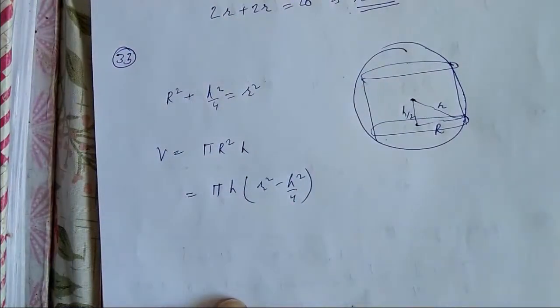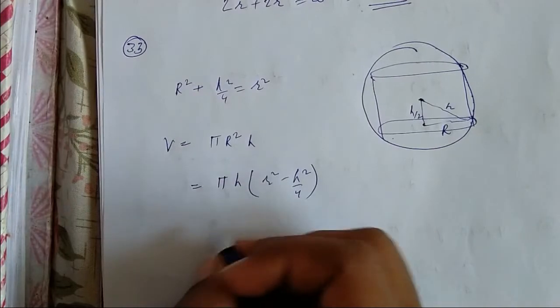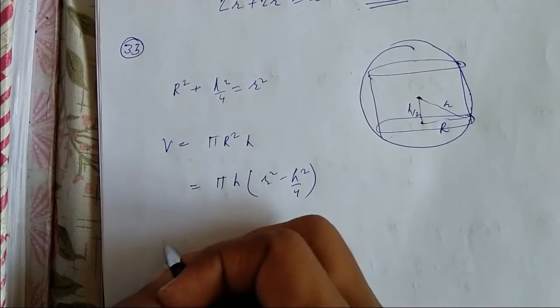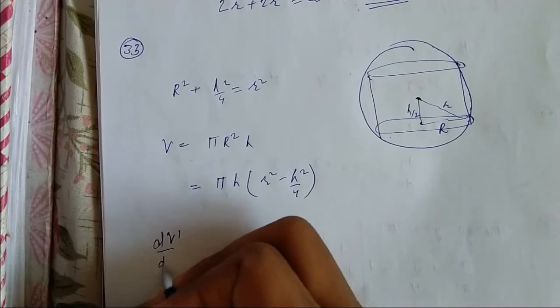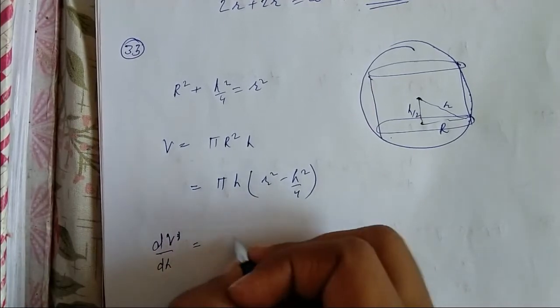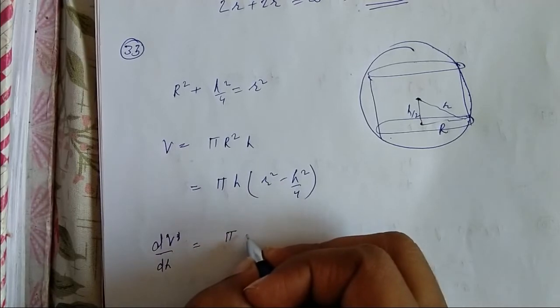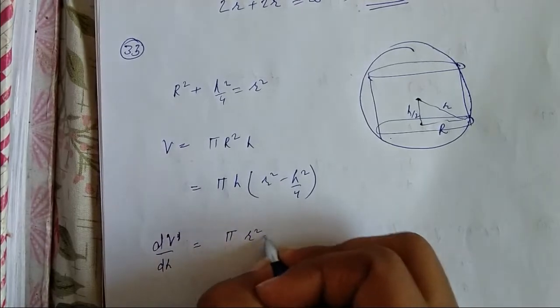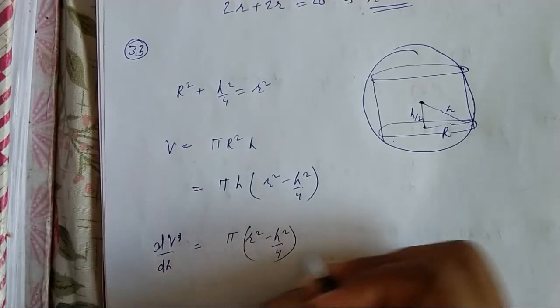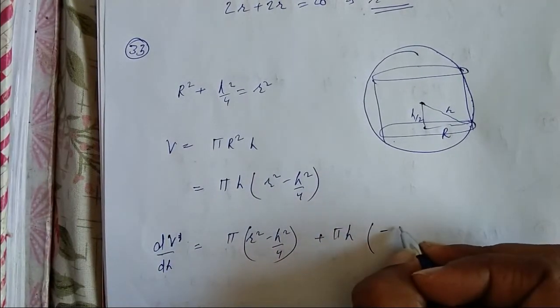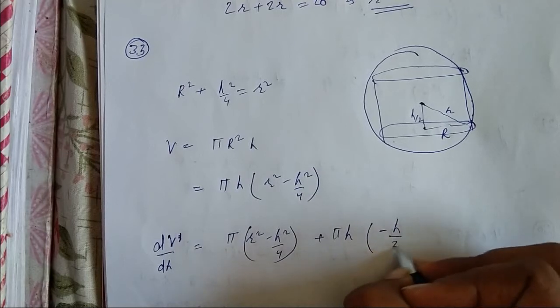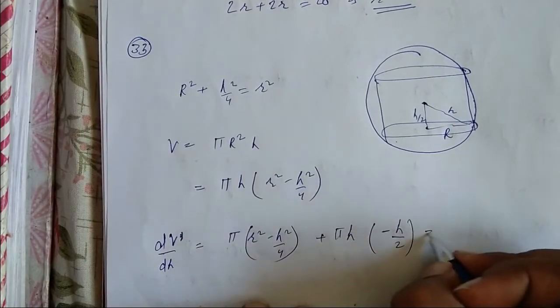Okay, so differentiate this with respect to h. dV by dh is equal to pi (r square minus h square by 4) plus pi h into minus h by 2, which is equal to 0.